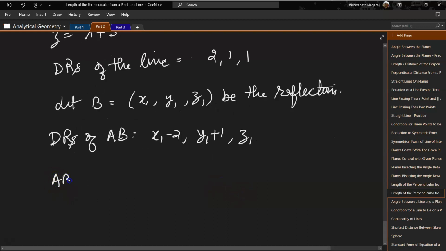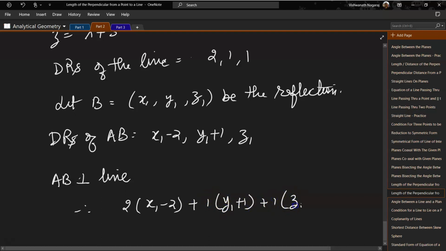And we know AB is going to be perpendicular to the line. Therefore, the sum of the products of the DRs would be 0. So 2 times (x1 minus 2) plus 1 times (y1 plus 1) plus 1 times z1 is equal to 0.